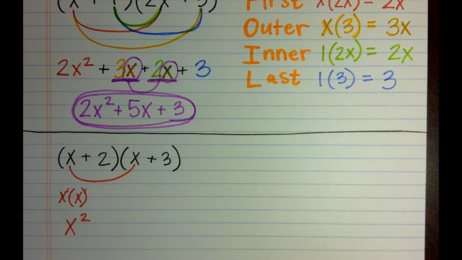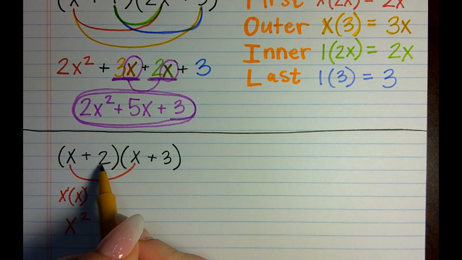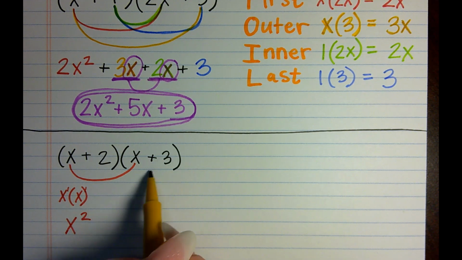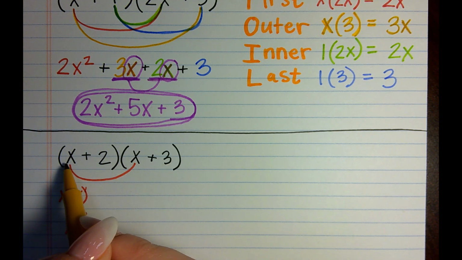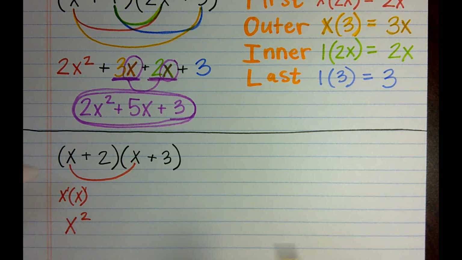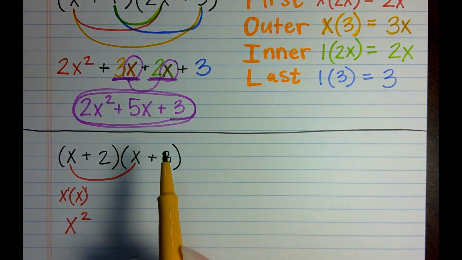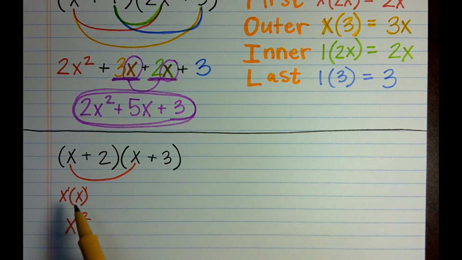Okay, so that was our first term. What are my outer terms? 2 and 3, 3 and 2. These are going to be my last terms because they're the last on both. So outer is the first and the last together: x and 3. Good.